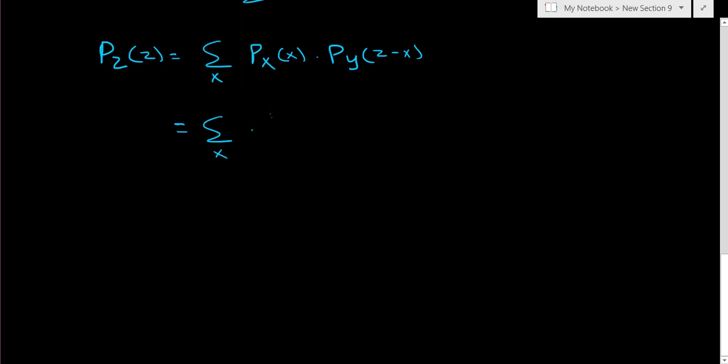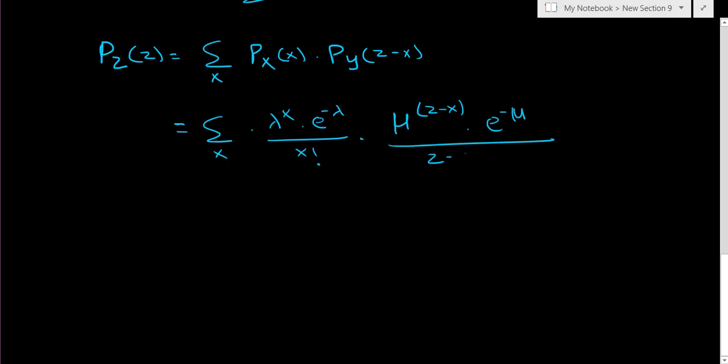So this becomes lambda to the power of x into e to the power of minus lambda over x factorial, and this one becomes mu to the power of z minus x into e to the power of minus mu over z minus x factorial. So this is what you have here.